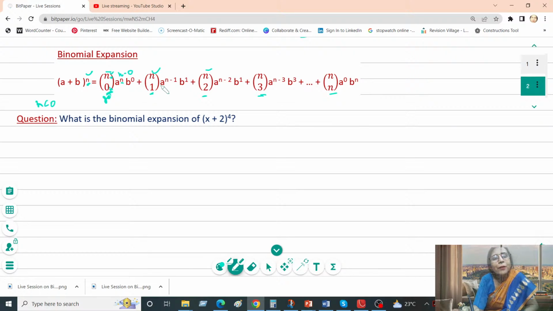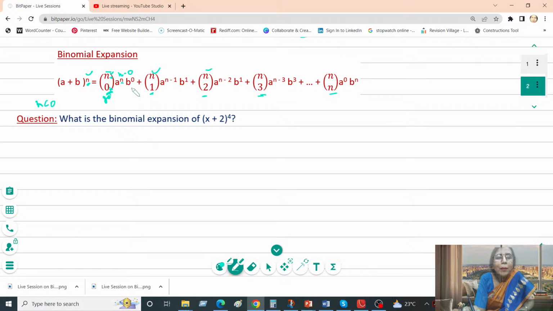This is the thing that we had seen in our previous session also, that the power of A will go on decreasing and the power of B will go on increasing. So the next term's power of A is n minus 1, then n minus 2, then n minus 3. The last term's power of A will be 0.